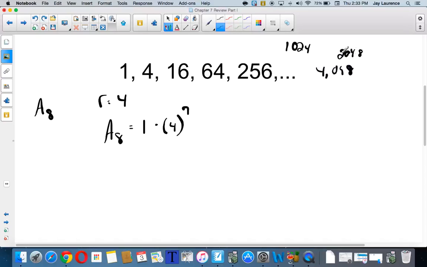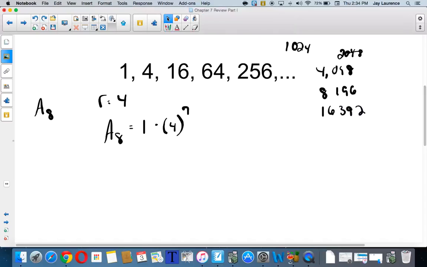This puppy is getting big quick. All right, and if I double that, I'm going to get 8,196, and then 16,392, I think. It's really a big number.